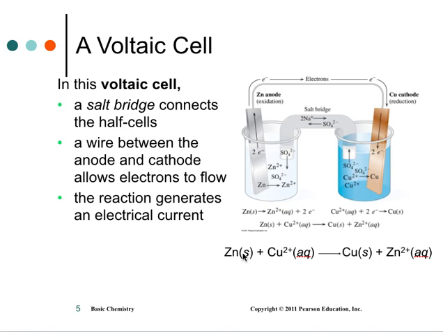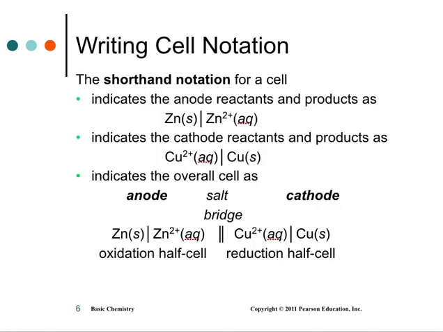So if you remember before, we separated these two. This was in one side, and this is in the other side. Shorthand is the idea that zinc is being oxidized, that's what the line means, to the zinc metal, and the copper ion is being reduced into the copper.